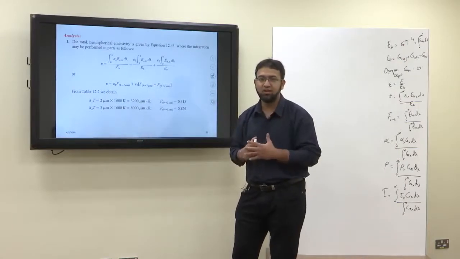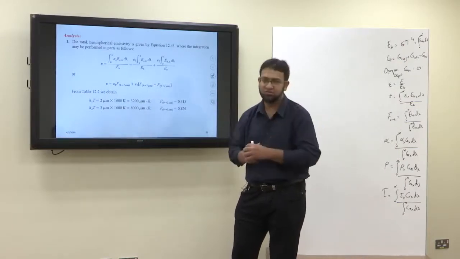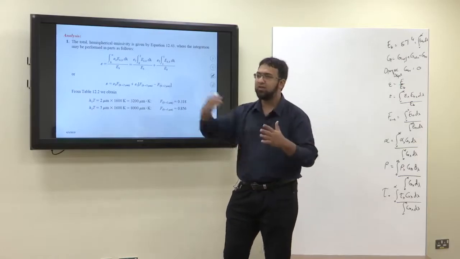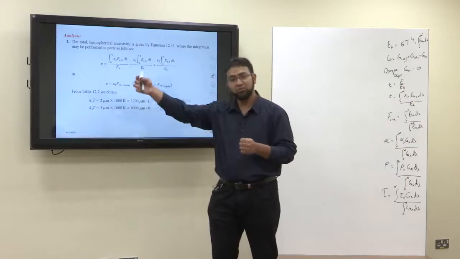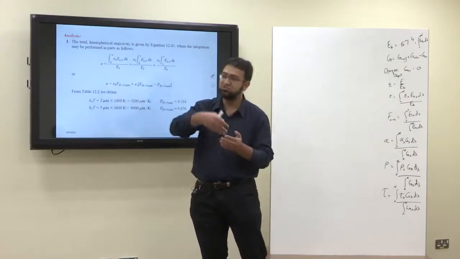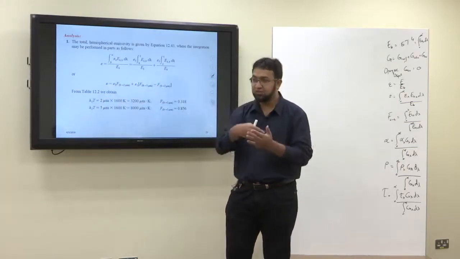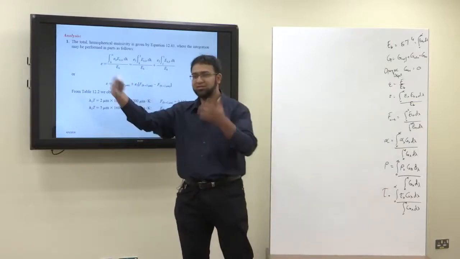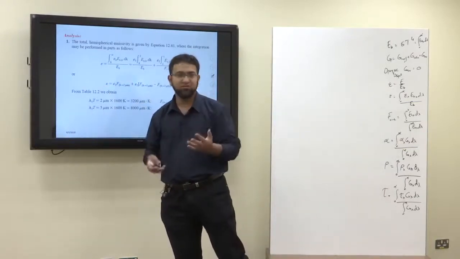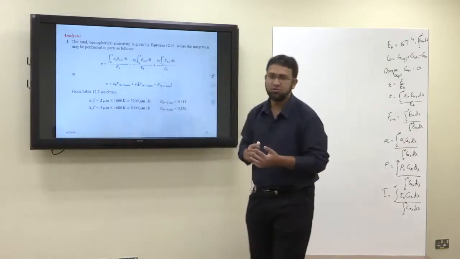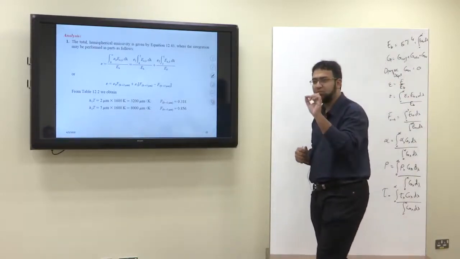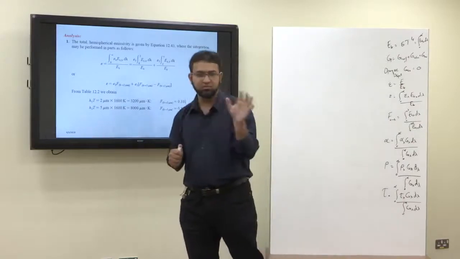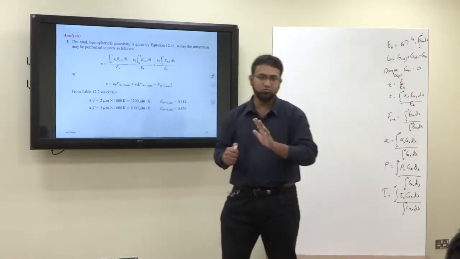How would we say how good the body is emitting? We analyze based upon the black body: how much a black body would emit compared to how much this body is emitting. If this body is emitting as good as a black body, then this is a black body. But a black body is not possible in this world. We can try to become as close to a black body as possible, but it's not possible to generate one.